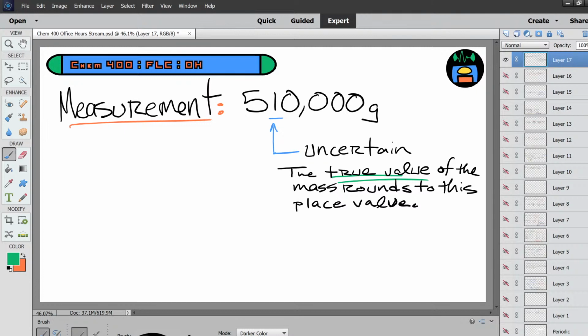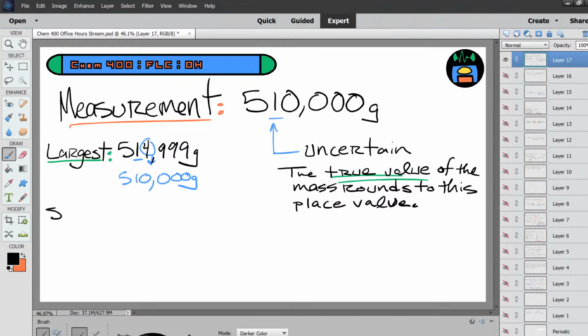And that range, the largest possible number that rounds to that place would actually be 514,999. Still rounds, right? Because 4 rounds down. So this still rounds to 510,000.